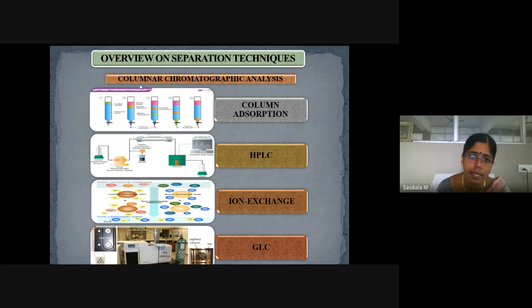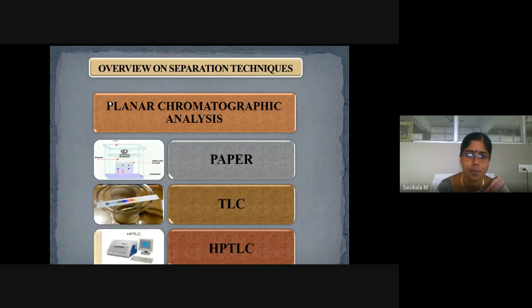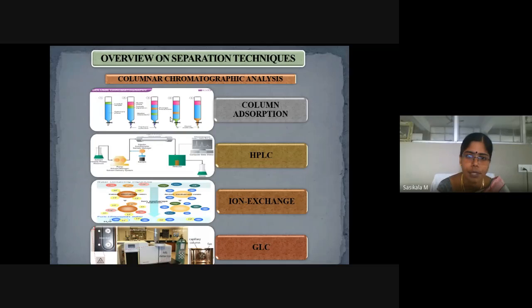It is highly sensitive when compared to planar chromatographic analysis. When compared to paper and TLC, columnar chromatography is highly sensitive since the separation occurs through the closed column.